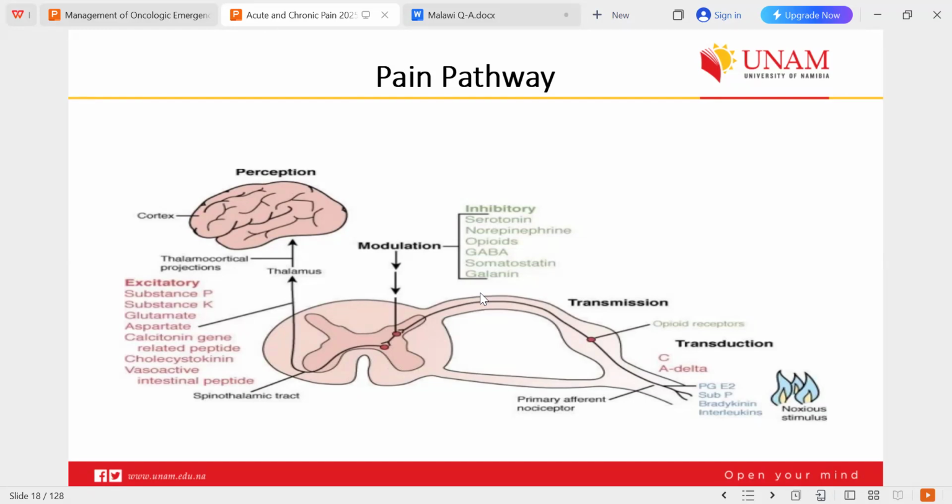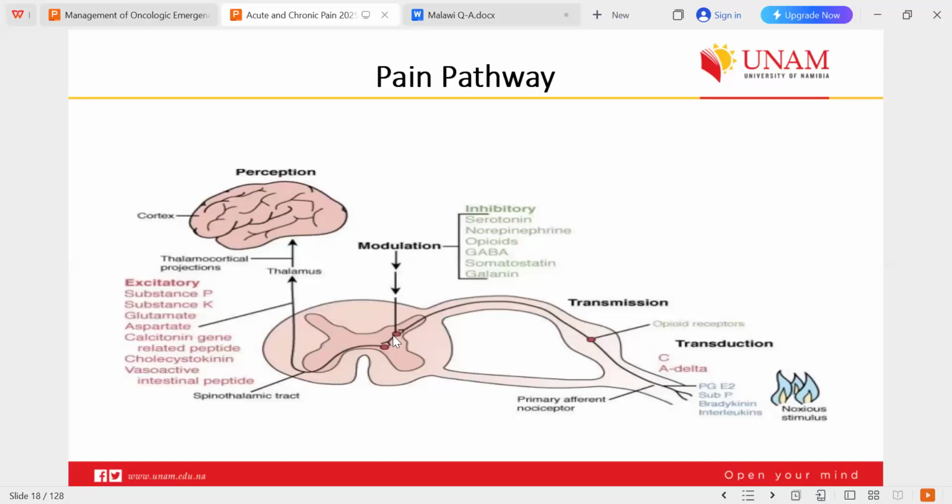Modulation takes place in the spinal cord, in the substantia gelatinosa. Modulation can either be excitatory or inhibitory. What it means is that the pain can be made worse or it can be inhibited.